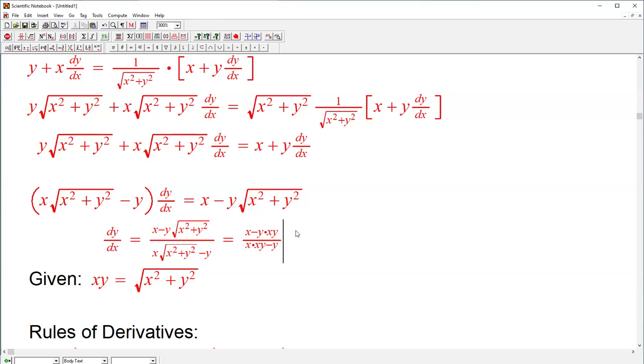So it's a much simpler result. And so then we organize our terms. Let's see what we get. And here we got x minus x times y squared. And over here, we got x squared times y minus y.